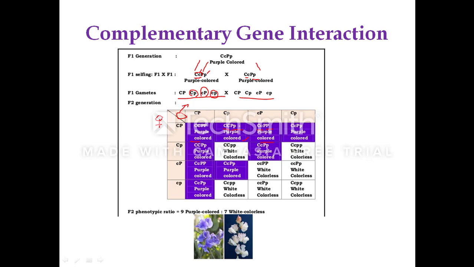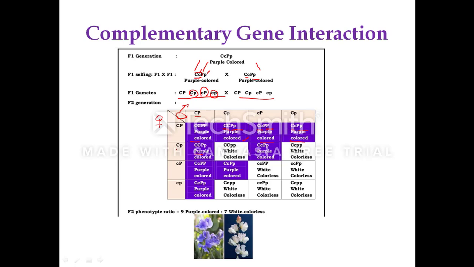When capital C, capital P fuses with small c, small p, it is heterozygous dominant for C as well as P. Then also the flower color was purple. When capital C, small p fuses with capital C, capital P, again the flower color was purple.